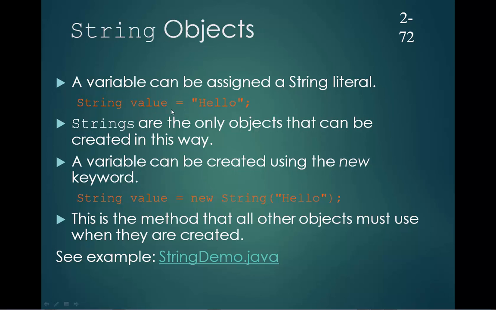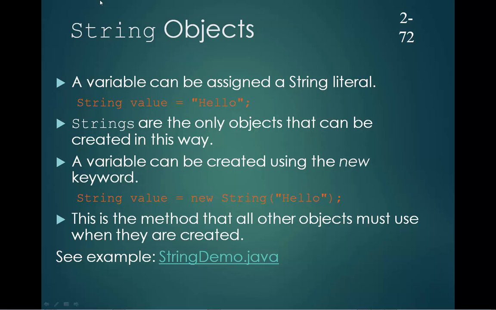So we can assign a string literal into a variable that is a string type. And there are other ways to create objects, which we'll see later on, because we'll be making our own classes of objects in this class.